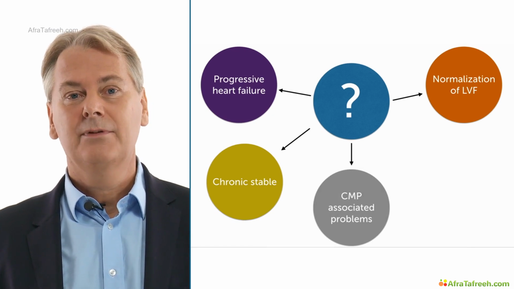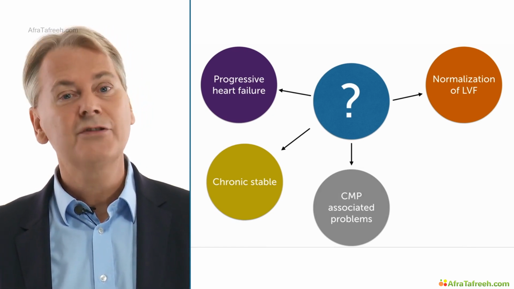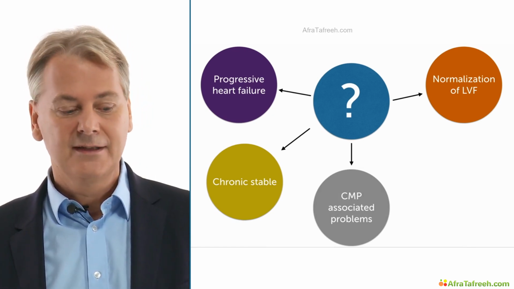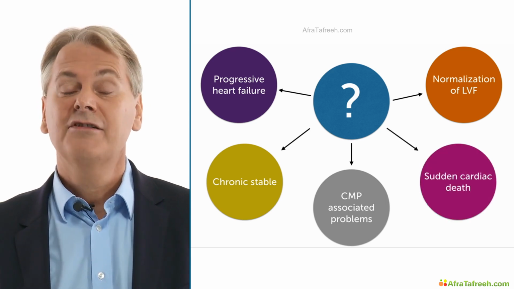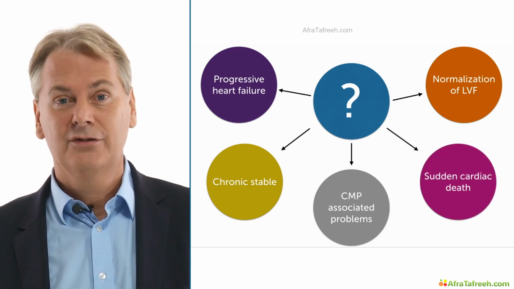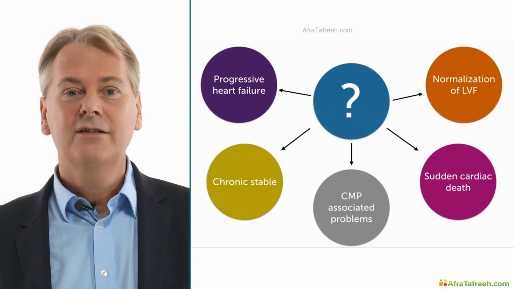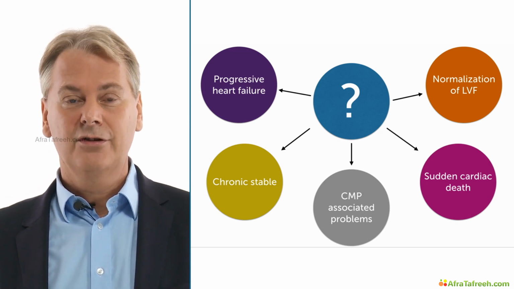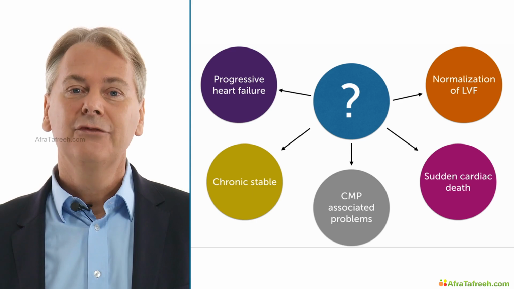Maybe he will develop cardiomyopathy-associated problems, and there's many of such problems as you will see in this lecture, and possibly he would just drop dead and have sudden cardiac death. So all of these options are something that you have to consider, and every patient has a different course. And echo can help us in a certain way to look how the patient will develop, and we will also be able to look at the stage of heart failure that the patient is in.